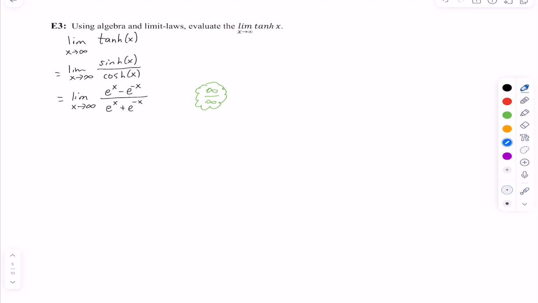So we're going to have to do some manipulation here to make this more friendly. Let's try this manipulation first. We multiply by a clever name of 1. The algebra says it's going to be this.